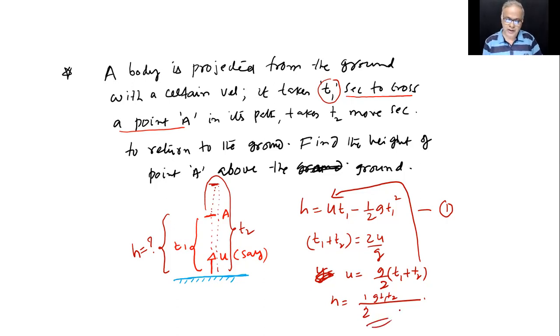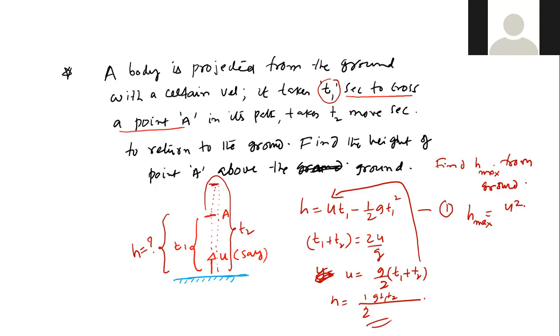You may also find the maximum height later. Find H max from the ground. Since u is there already, very simple, isn't it? H max is u square by 2g. I'm using it.